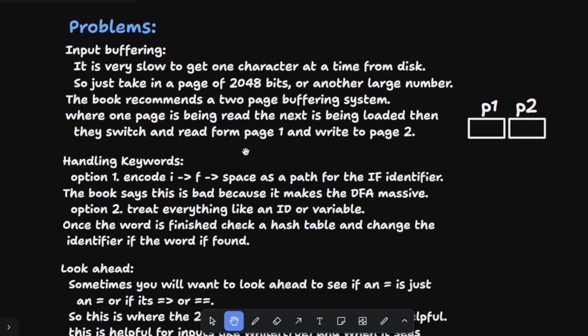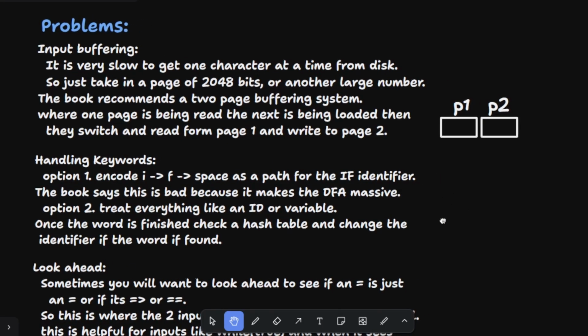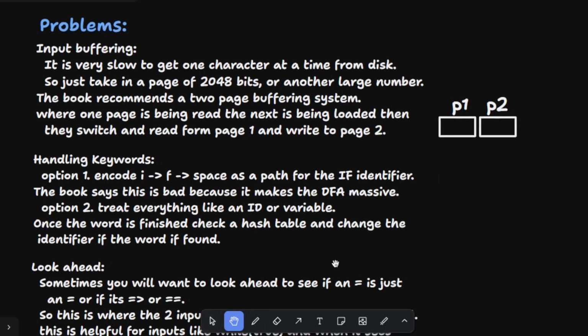Another problem is handling keywords. We have 2 options for this. Option 2 is obviously better, but option 1 is you encode IF and then space as a path in your deterministic finite automaton, or making the path IF as an identifier, because remember, it parses out the word, and then it also gives an identifier of what the type is.